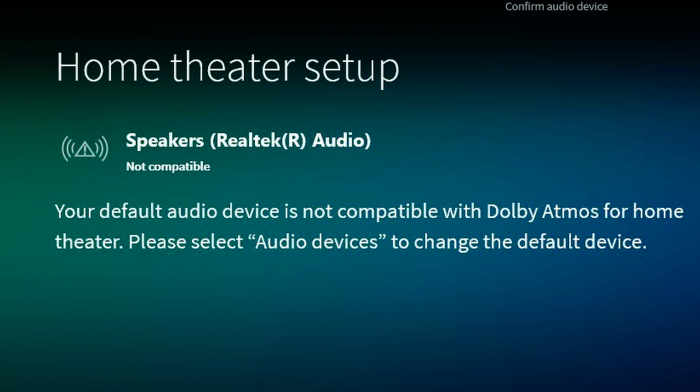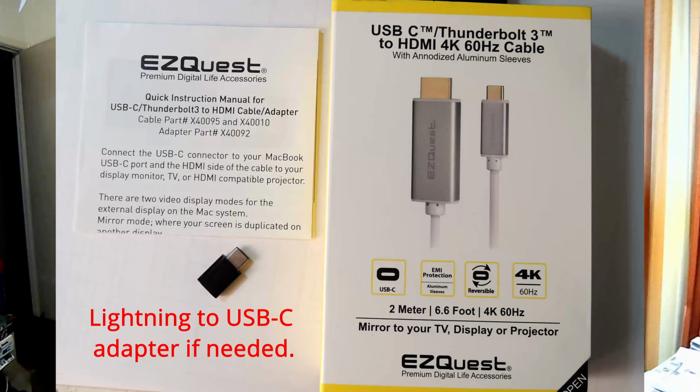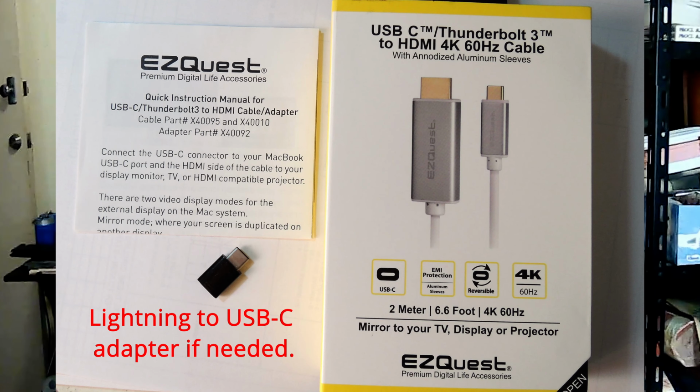Well, you'll see what I did soon. I went and installed a lightning cable, which I just happened to have, lightning to HDMI. I bought it originally to use as a second monitor, but it's come into its own in this particular instance.